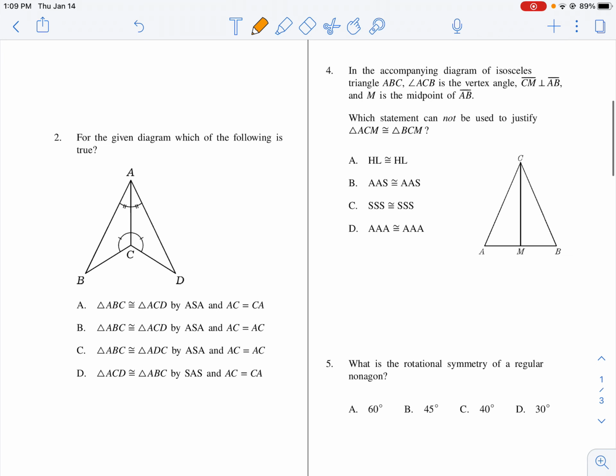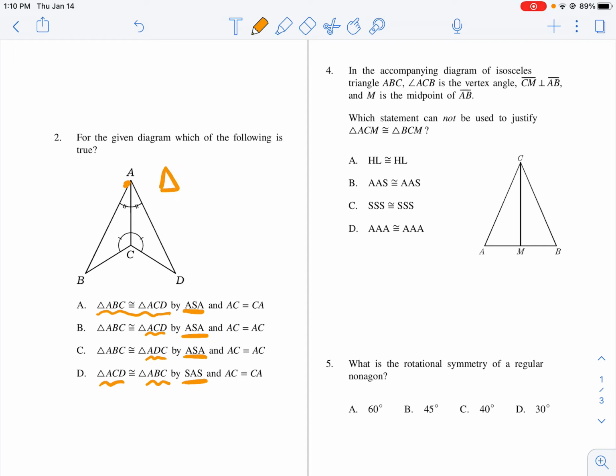For the given diagram, which of the following is true? So again, if we look at this, do you guys see how these are all angle, side, angle? They're sort of asking us to go through and make sure our statements are the same. And if you notice here, these triangles are different. You see how they change them? So let's just write our own congruent statement.